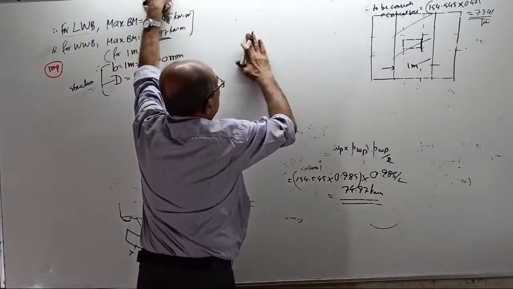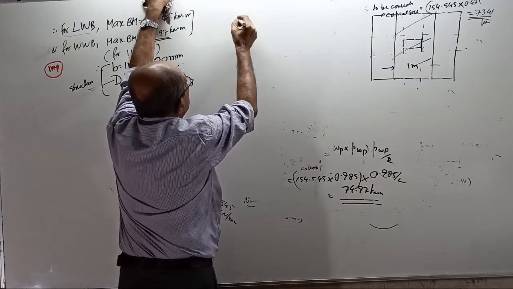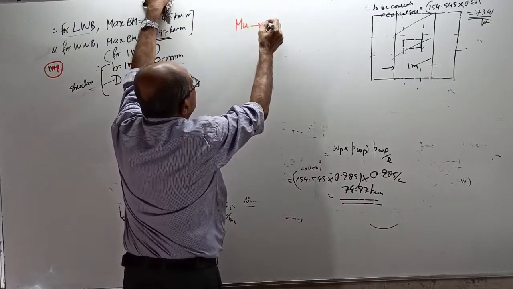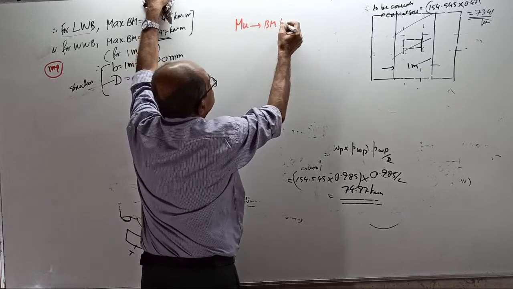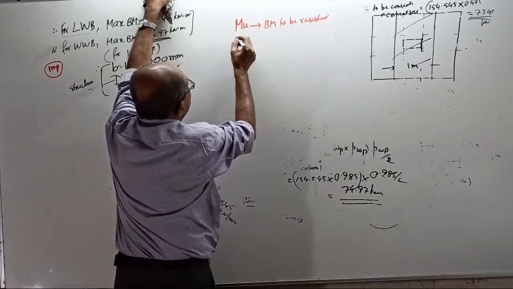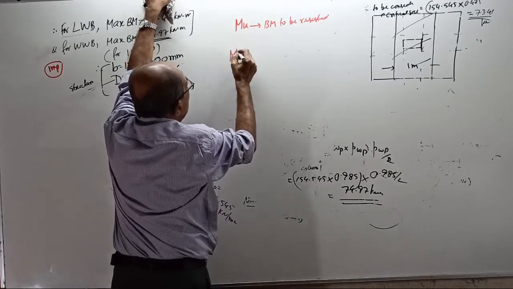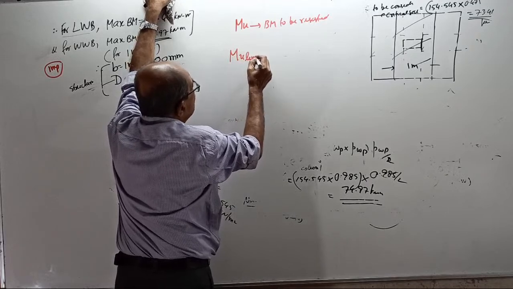What to do? You see, Mu is the bending moment to be resisted. What is Mu limit? Remember, you require RCC now.